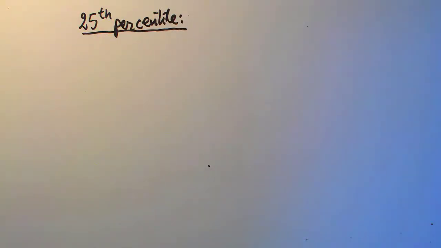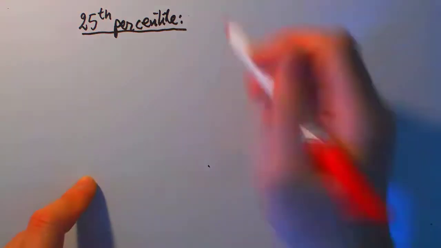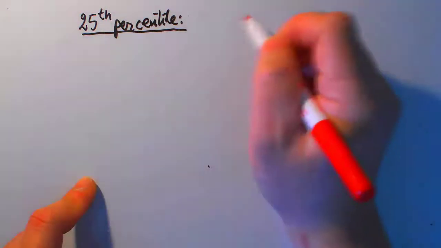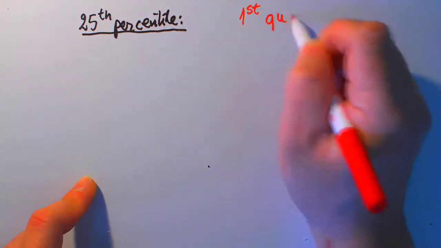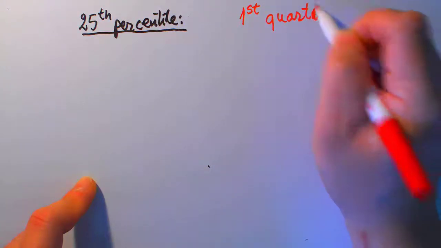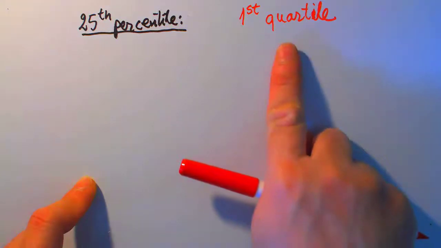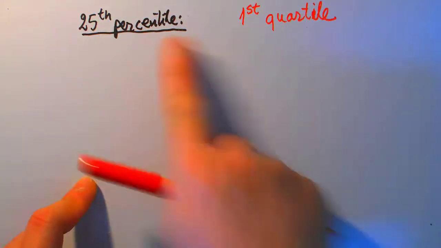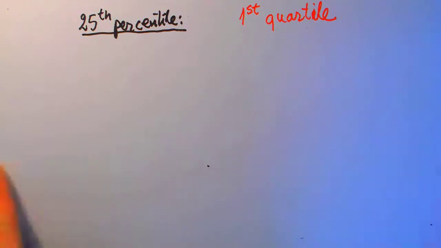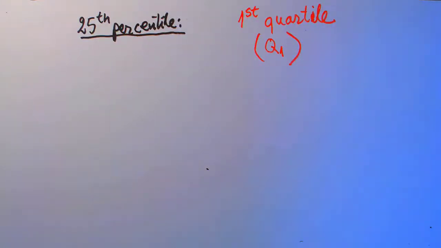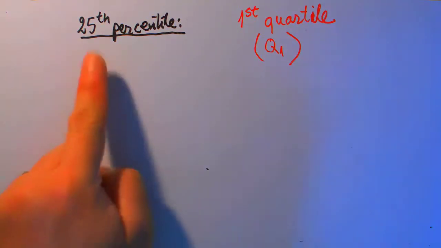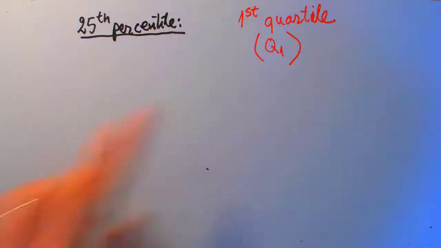And now we have a new term: the 25th percentile is also called the first quartile, with the first quarter of data being below that. We call that cut the first quartile, and it has the symbol Q1. So we start looking at quartiles, indicating we're dividing the data into separate quarters. The 25th percentile is understood as the first quartile.